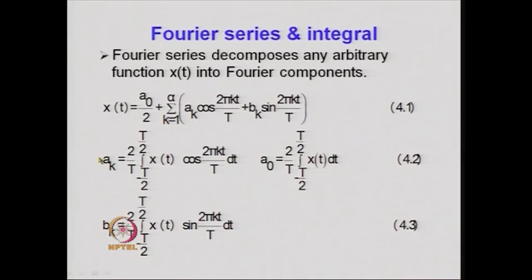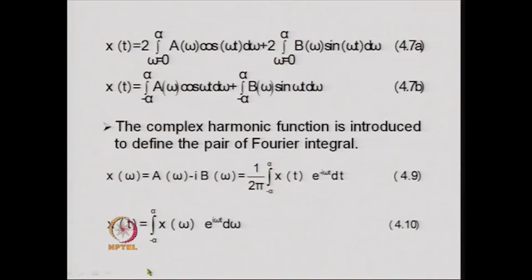If we substitute these integrations into this equation and do some algebraic manipulation, then X(omega) turns out to be 1 by 2 pi, integral from minus infinity to plus infinity of x(t) e to the power minus i omega t dt. So, that is how the first part of the Fourier integral is derived, that is, X(omega) is given by this integral.